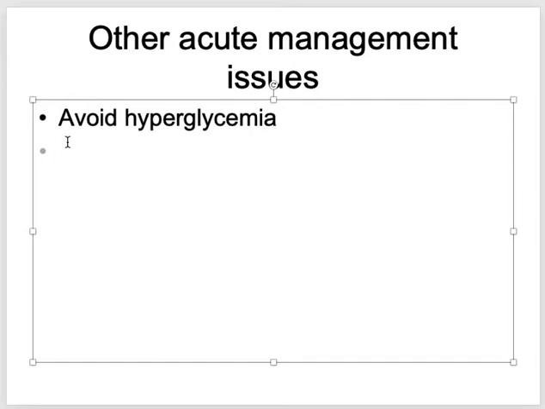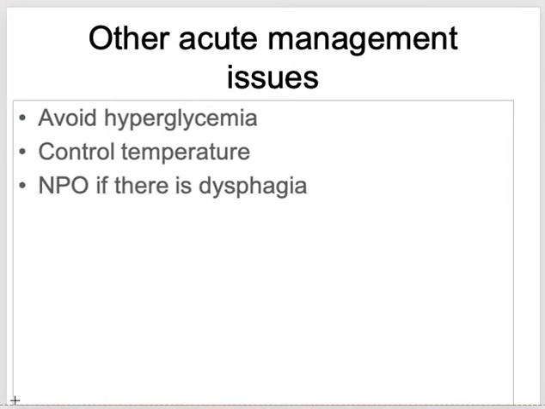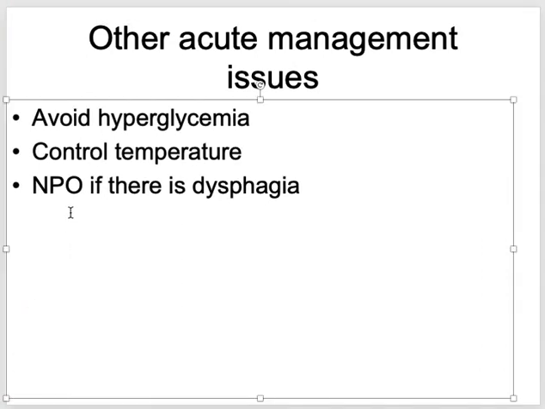If someone has a fever, control the temperature. Keep the patient nothing per oral, NPO, if there is dysphagia. Why? Because if the patient with dysphagia is still eating by mouth, things can go into the respiratory tract and cause aspiration pneumonia, and things can become worse because of that.